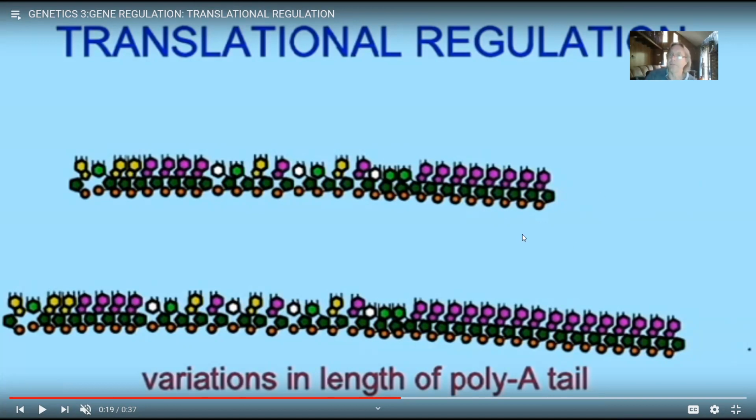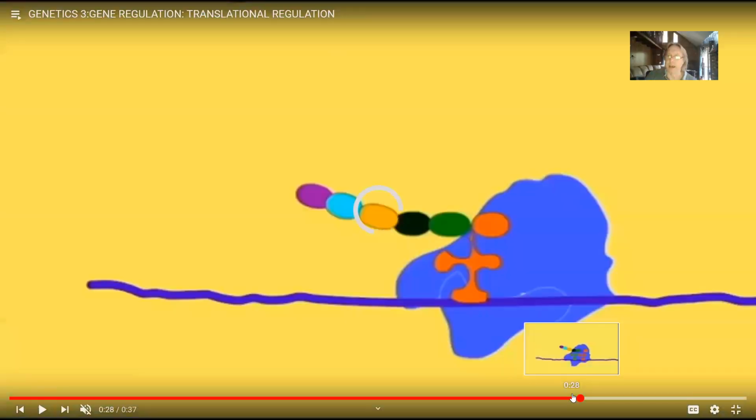And the length of the poly A tail will determine how long this can stay active in the cytoplasm. The longer this lasts in the cytoplasm, the more protein could be translated from it. So a short-lived mRNA would make a little protein, a long-lived mRNA would make more. And we have a say in regulating how much protein would be made from an mRNA by the length of the poly A tail.